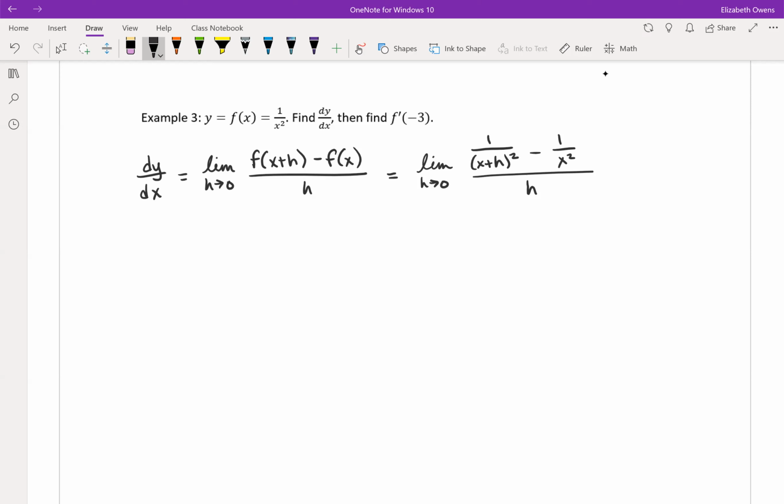Okay. Now, to start evaluating this limit, this is one of those interesting ones where we've got a complex fraction situation going on here. We've got some fractions up in the numerator, and then the thing overall is a big quotient. So let's do a little switch in the way we're writing this.